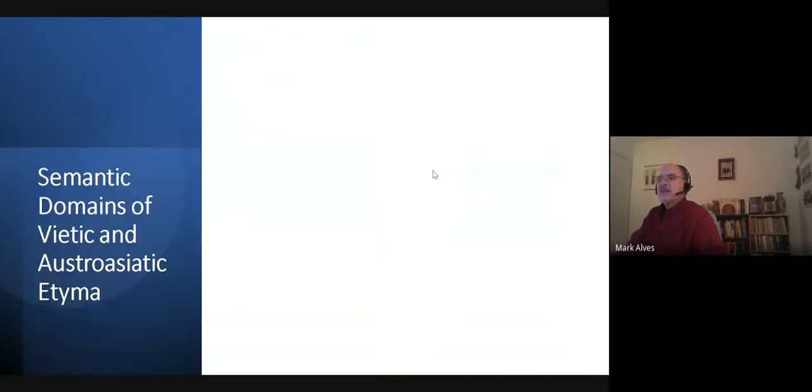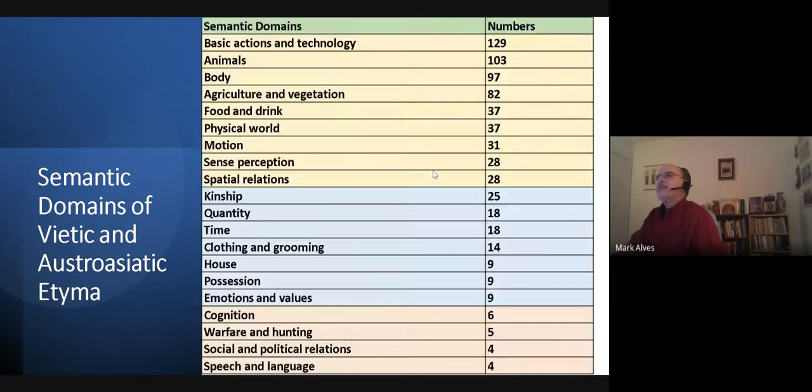So let's look at some of these semantic domains of Vietic and Austroasiatic. Okay, so for those 800 something words, basic actions and technology is something like go, swim, rope, these kinds of words. Animals, okay. We expect that, right? Because these are the words for animals in Southeast Asia, so we see them.